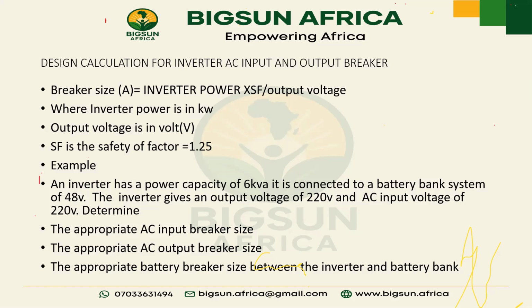And the essence of not using a lower one is so it doesn't trip. Where you're supposed to use 125 amps and you use 95, when the inverter tries to exercise its whole power, the breaker will say, you are choking me, let me run, and it will trip off. Though some breakers don't trip.